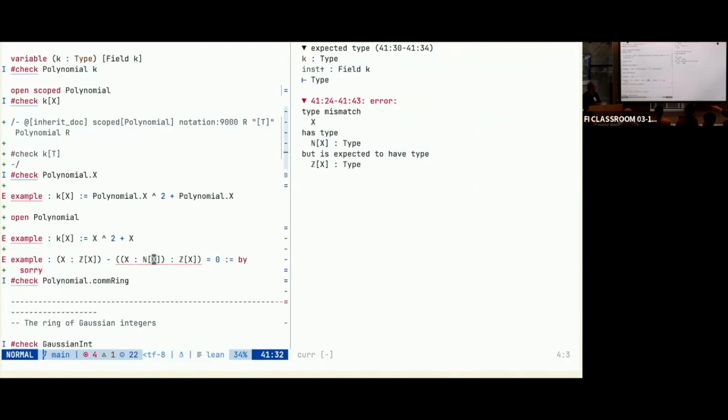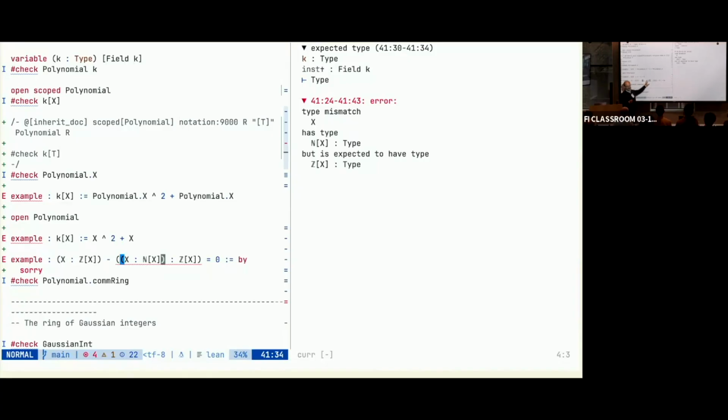Now what you did is say, first think about x as a polynomial with integer coefficients, no negatives, and then think about it in the bigger thing. That's the notation. So x is an abbreviation for polynomial.x that requires a semiring. So I say, take n.